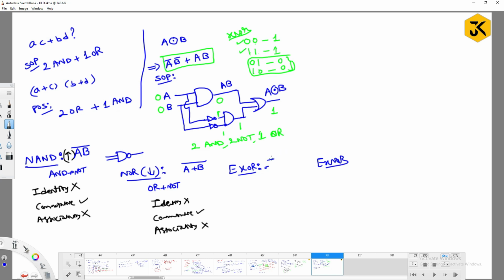XOR you represent with the symbol like this, and XNOR like this.